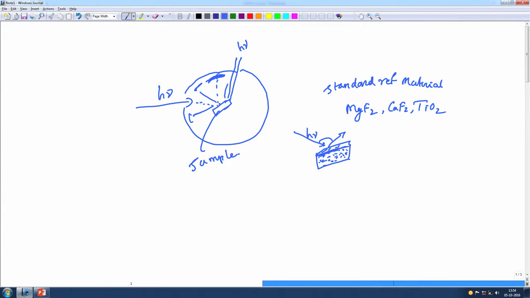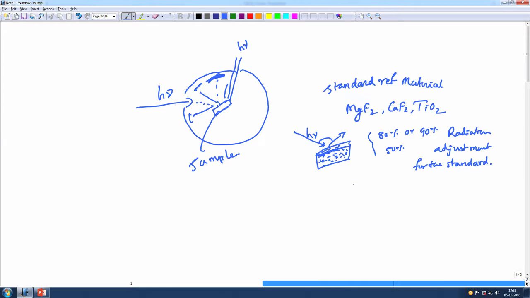What I can do is, for a given sample, that is for a given painting, I can adjust the outcoming reflected radiation to about 80% or 90% or maybe 50% by adjusting the incoming radiation. This is the radiation adjustment for the standard. How do I do this?